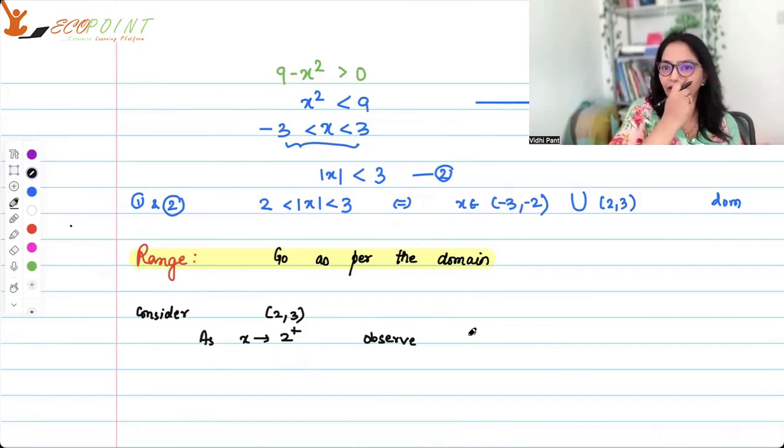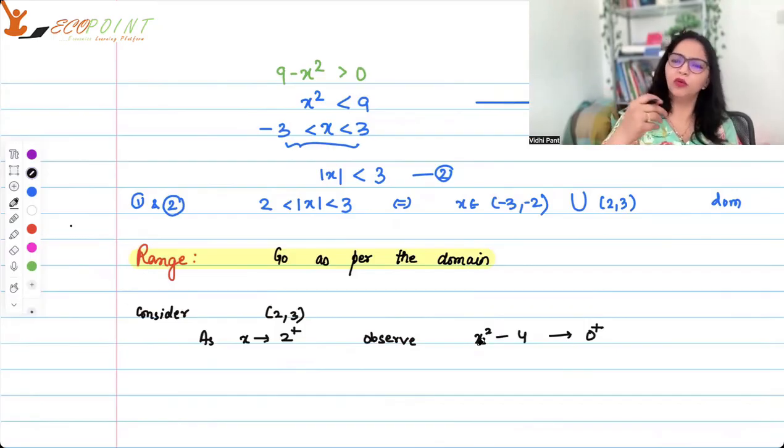Now with 2, I can relate the numerator. X square minus 4 will be tending towards 0 plus, right? Because around 2, x square, 2.01, 2.00001 squared, will be 4.000 something, very close to 4, a little more than that. So that minus 4 will give you 0, but on the positive side of 0. That's how we work in limits.